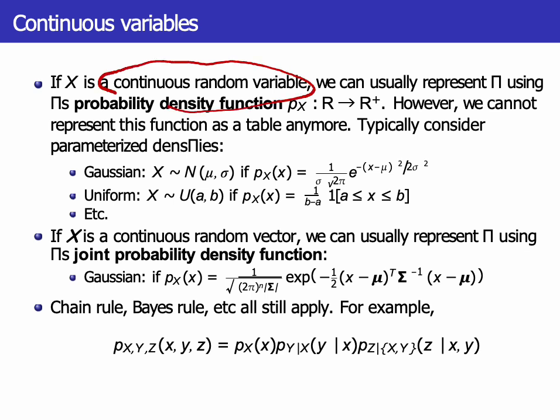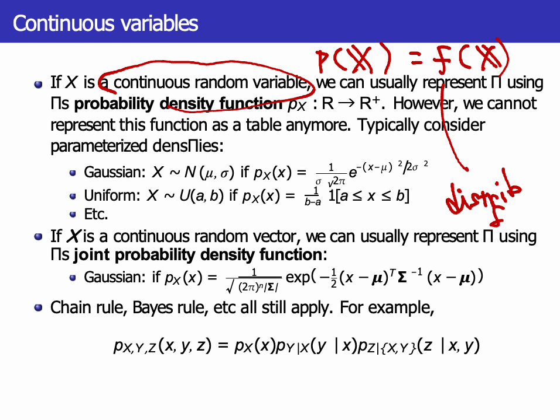Now p(x) is a distribution function, a probability distribution function. So you have to multiply infinitely with these conditionally independent relations for Bayes rule. However, we cannot represent this function as a table anymore.